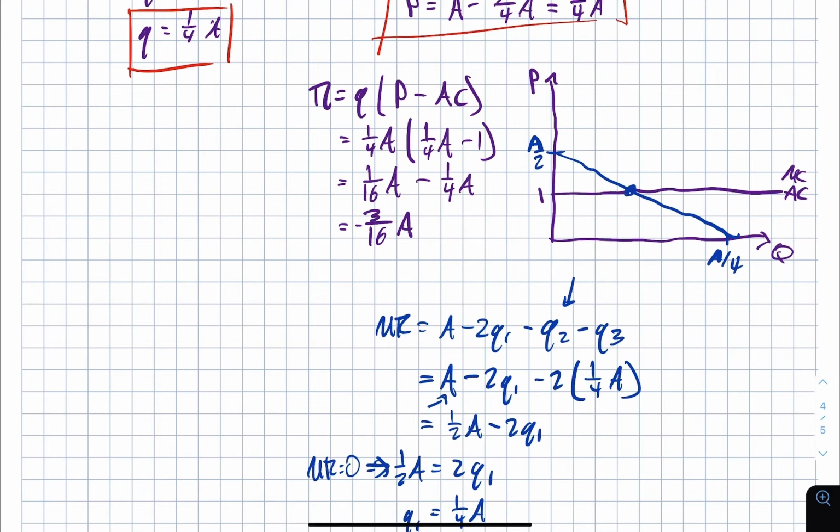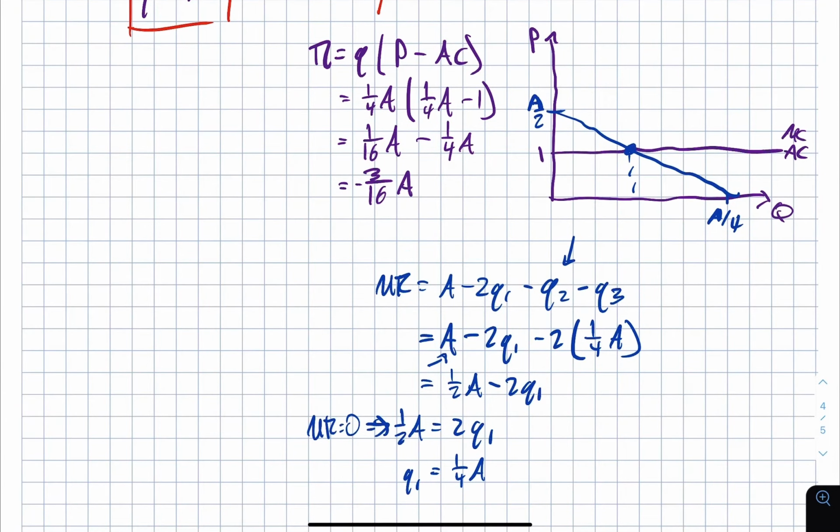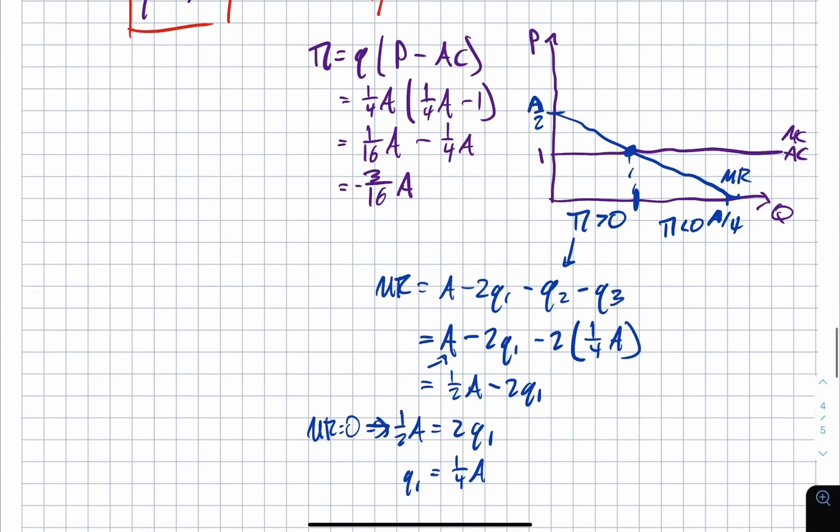Okay, so this is the point where average cost intersects the marginal revenue. For any quantities greater than this, profit is negative. For any quantities less than this, profit is positive.